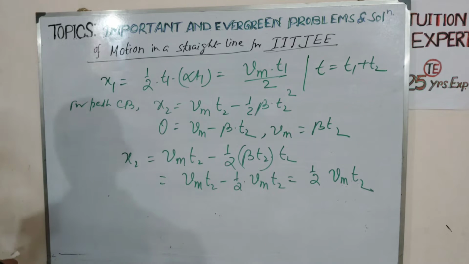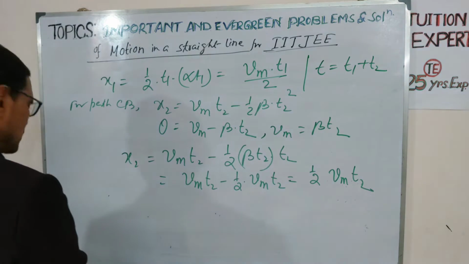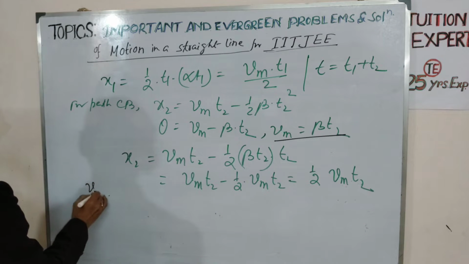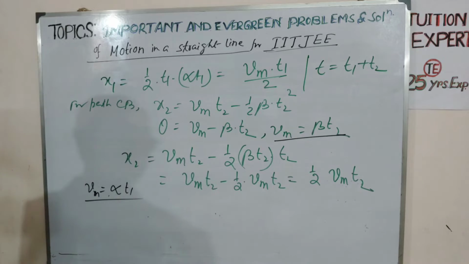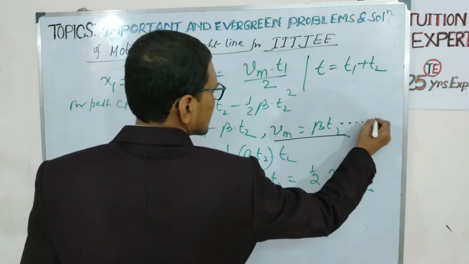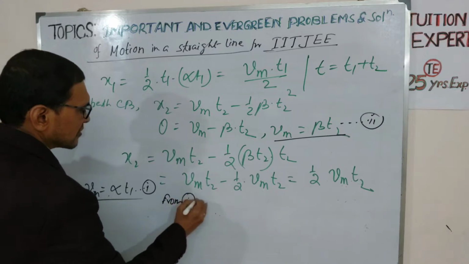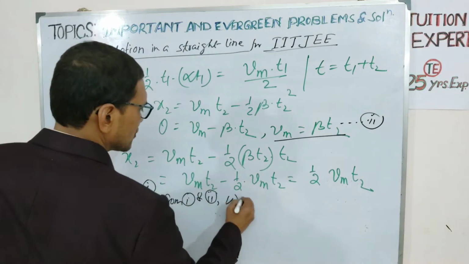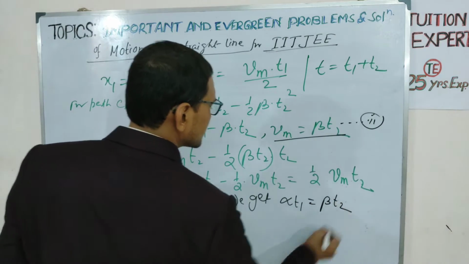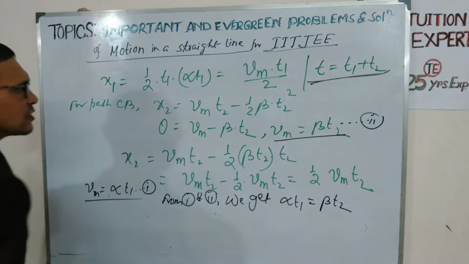Now we get vm equal to beta t2, and also vm equal to alpha t1. This is equation one and this is equation two. Now from 1 and 2 we get alpha t1 equal to beta t2. Now we have t equal to t1 plus t2.